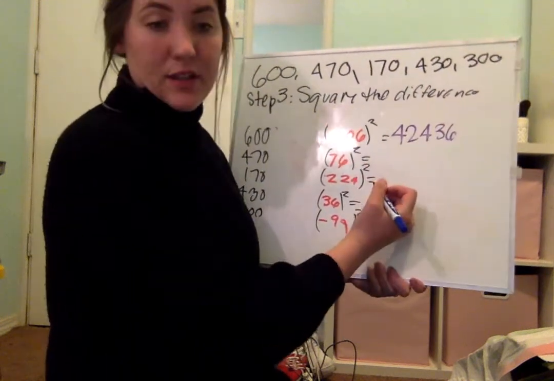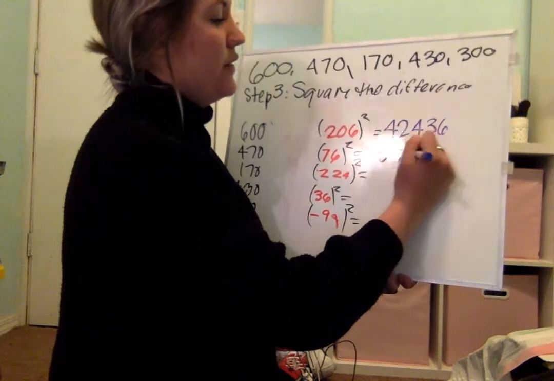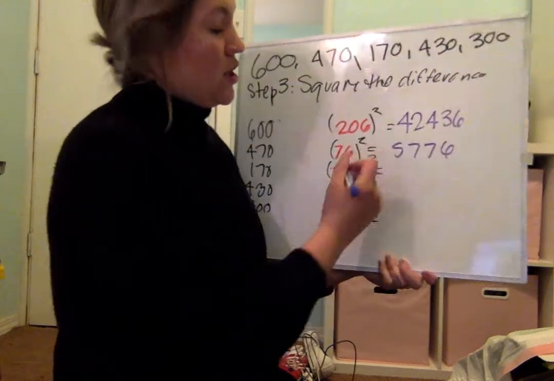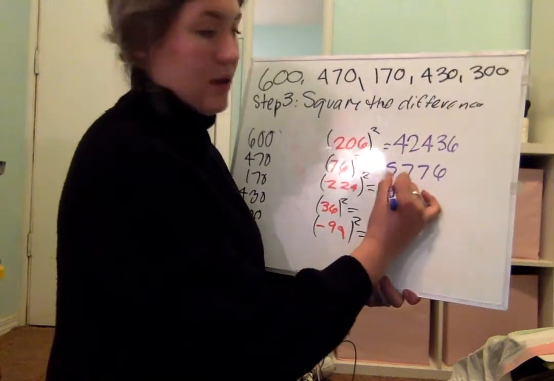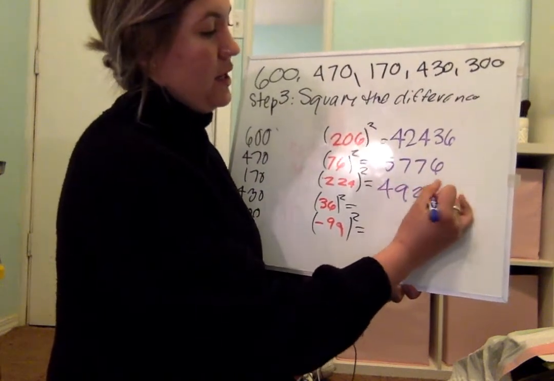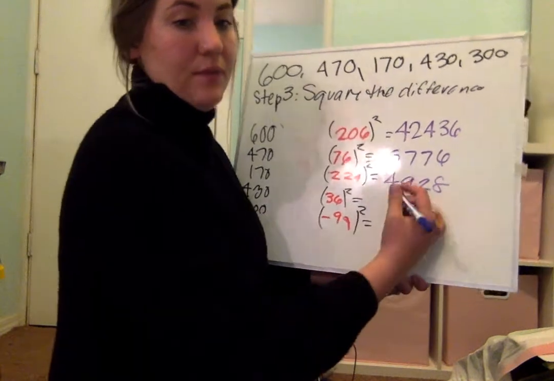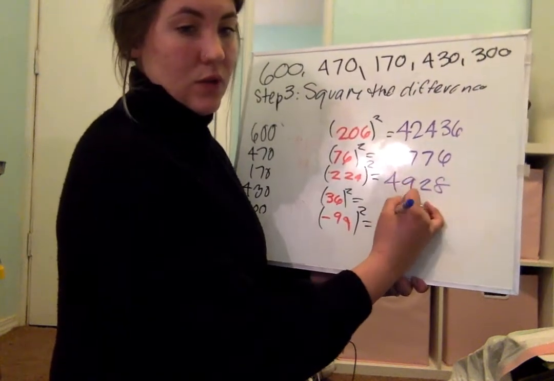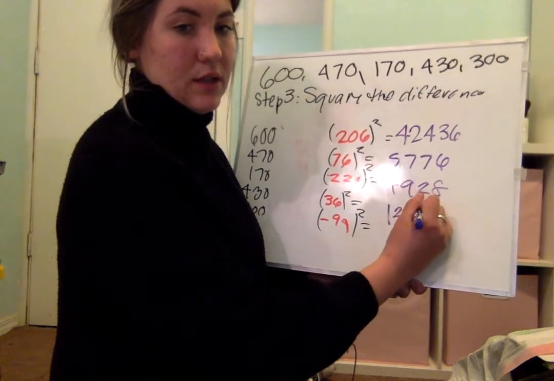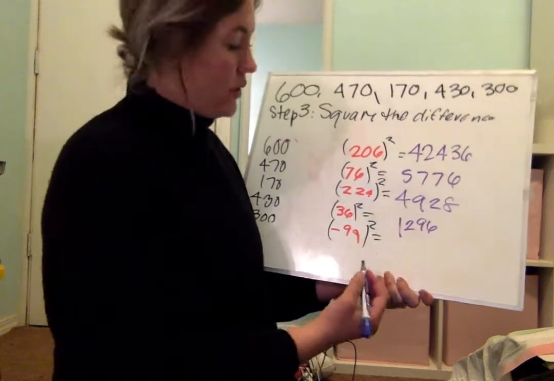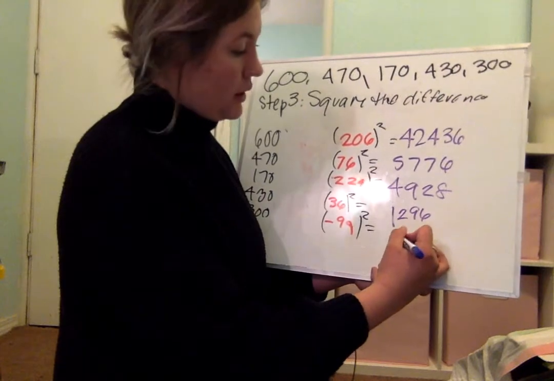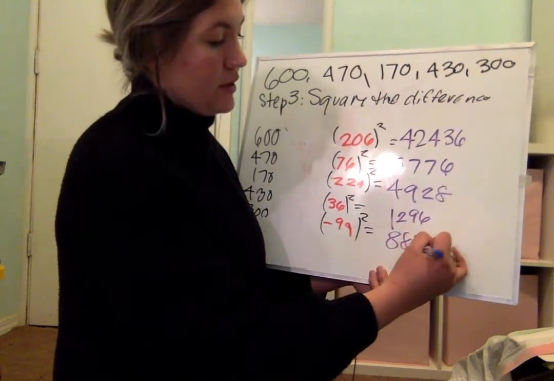206 squared is 42,436. 76 squared is 5,776. 224 squared is 50,176. 36 squared is 1,296. And negative 94 squared is 8,836.